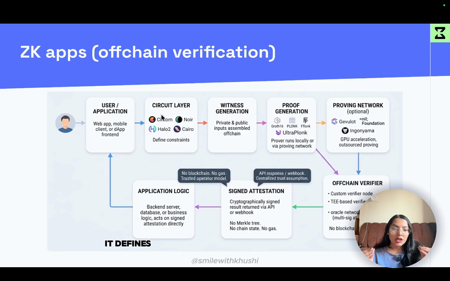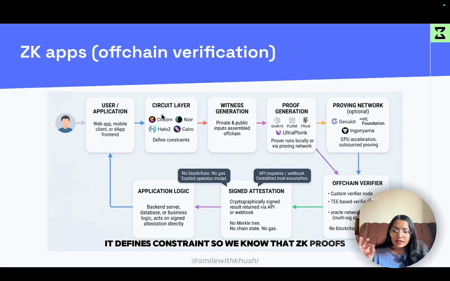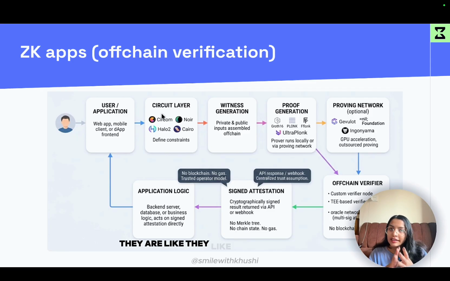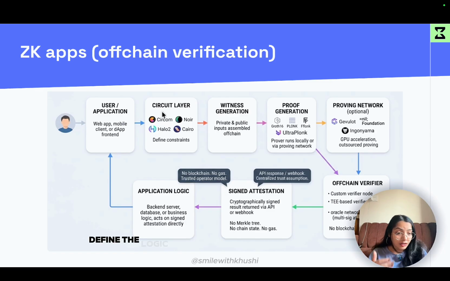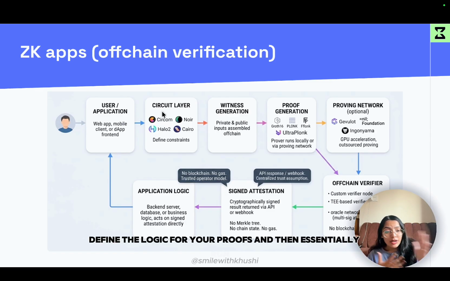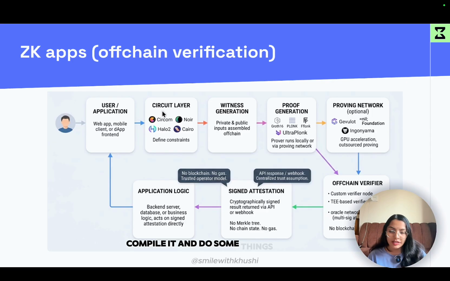It defines constraints. When you create a proof, you have to write your own circuit, which is a piece of code that helps you define the logic for your proofs, and then run it, compile it, and do things with it. So the circuit is the code that contains the logic which will be the foundation of the proofs that will be created further.